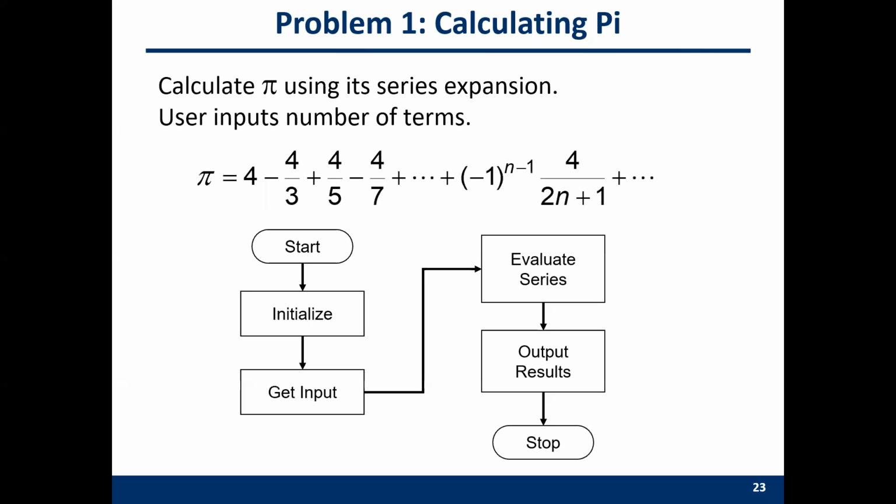For example, the problem example is computing pi. The constant pi can be calculated in this way. And this is the algorithm of the decimal computer.